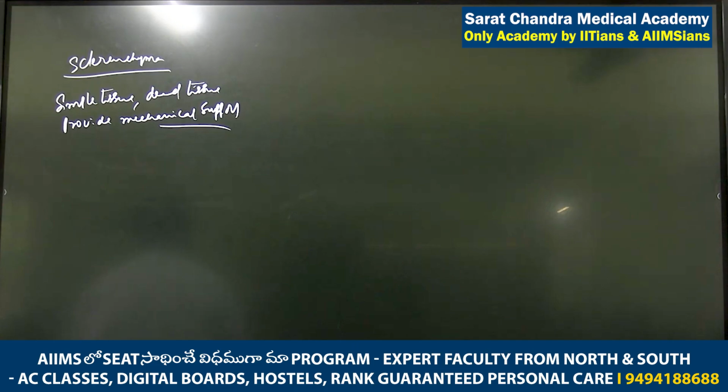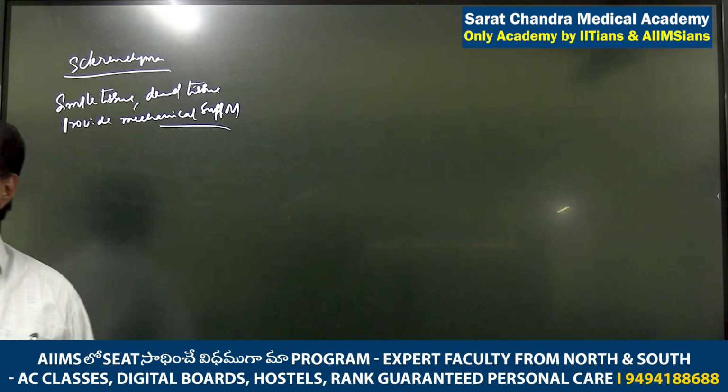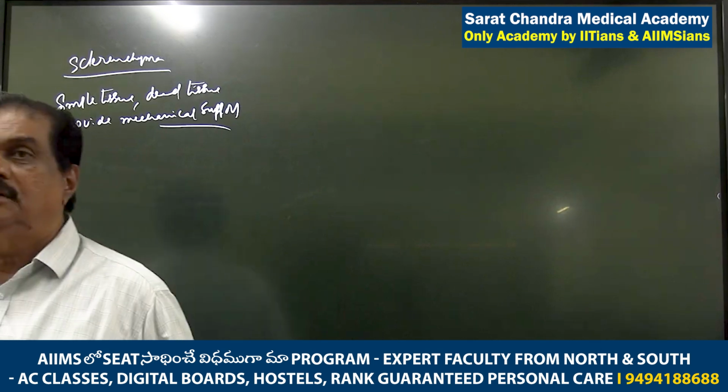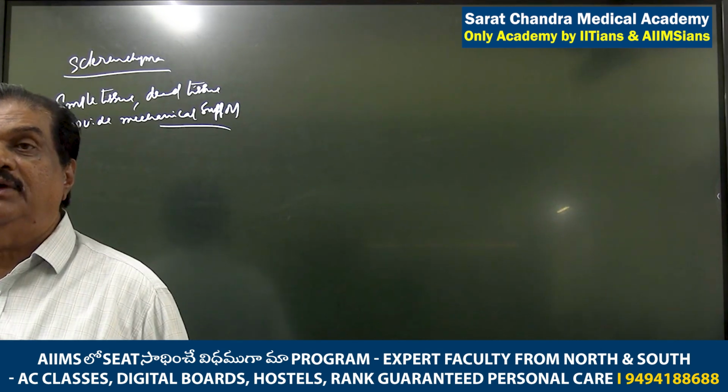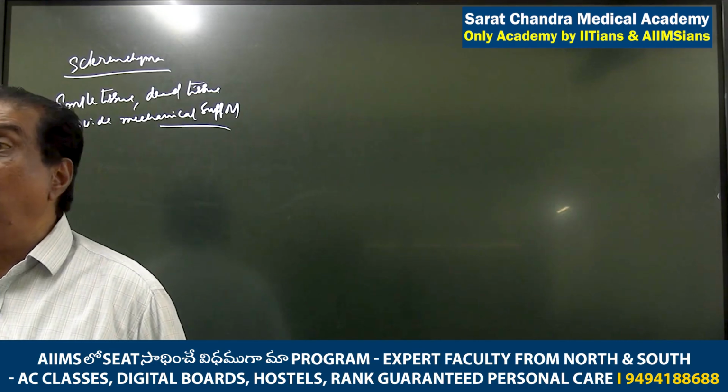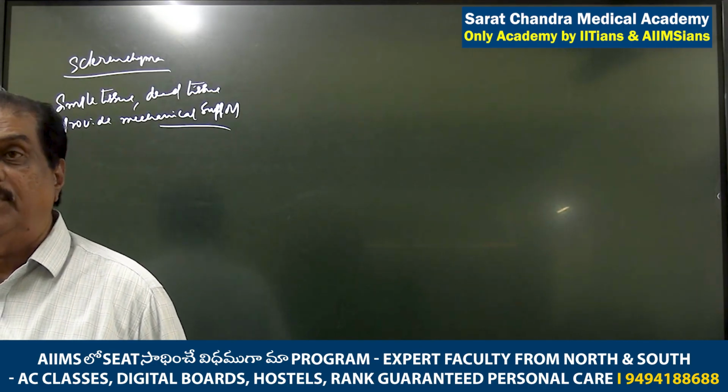So what are mechanical tissues? Both Chlorenchyma and Sclerenchyma. But Chlorenchyma is a living tissue that provides mechanical support, whereas Sclerenchyma is a dead tissue that provides mechanical support. Where is Sclerenchyma located? Sclerenchyma is located beneath the epidermis in the monocot stem in the form of hypodermis.